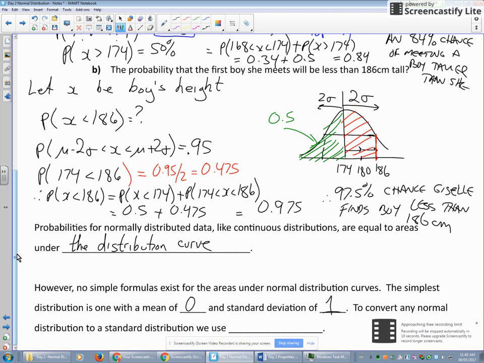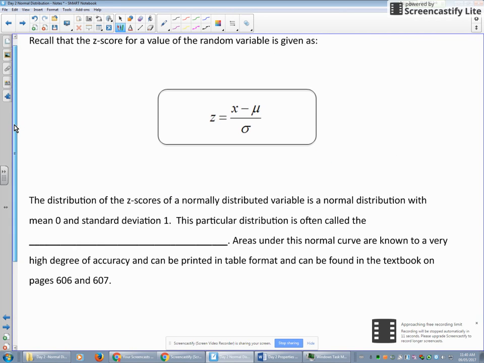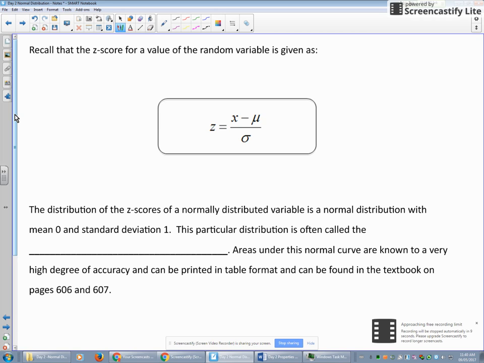To convert any normal distribution to a standard distribution, we end up using our z-scores. So we're going to be looking at our z-scores next. Recall that the z-score for a value of the random variable is given as this. This is our equation. The distribution of the z-scores of a normally distributed variable is a normal distribution with a mean of 0 and a standard deviation of 1.